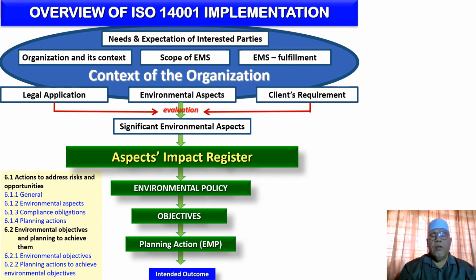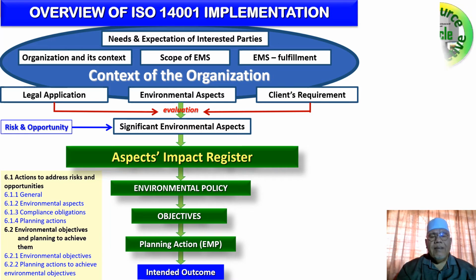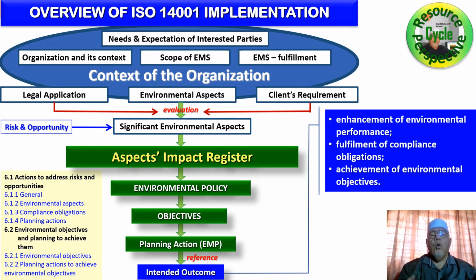Okay, look, as far as the identification of environmental aspects, in order for us to embark in the environmental management system, the process of input output analysis where environmental aspect is being identified is among the earliest.